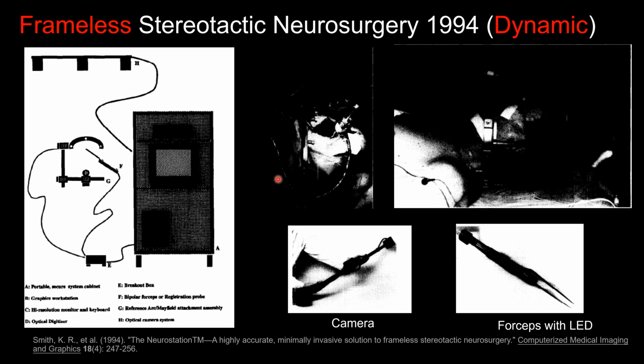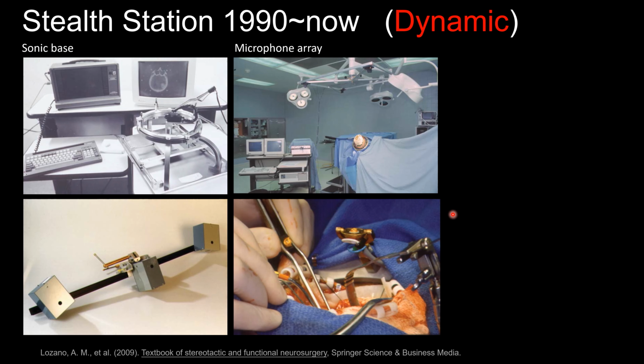After the technique matured, frameless stereotactic neurosurgery was invented, which we can call dynamic. These three squares here are the camera, and they have a tracker on the forceps, so they can locate the head and the neural position in the CBCT.